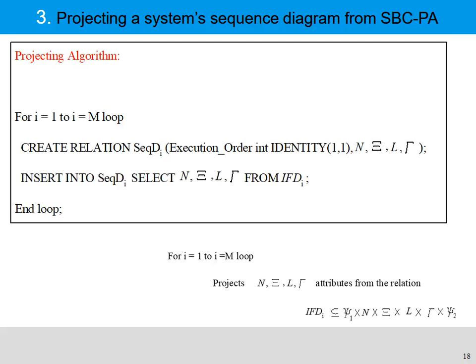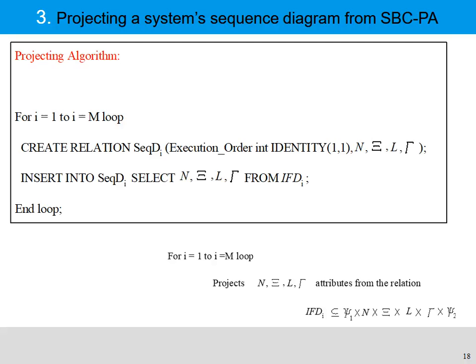Now let's talk about the projection algorithm. Because in UML modeling there will be 1 to n IFDs, we will have 1 to n looping. For each looping, we will have 2 steps. The first step is to create a new relation, sequence diagram, with 5 attributes.